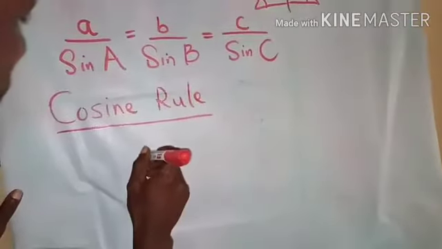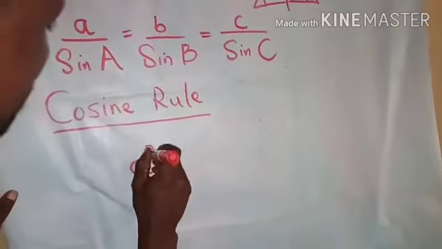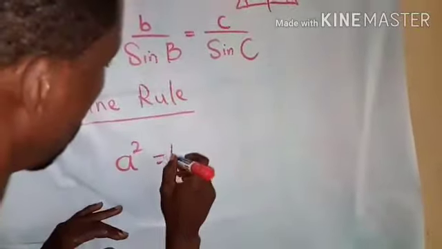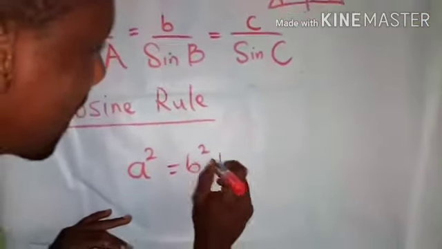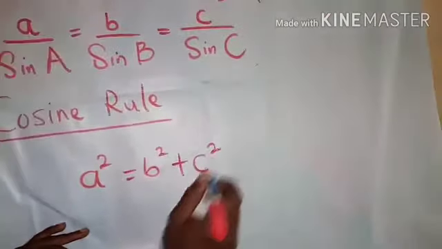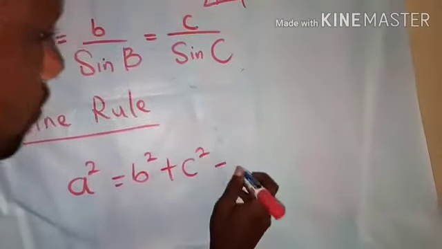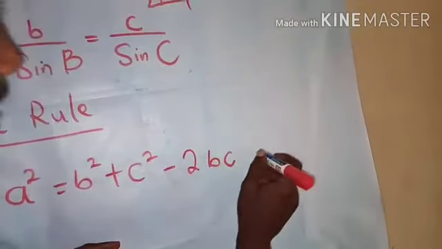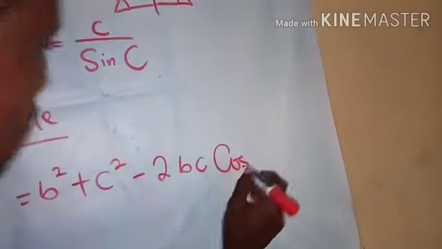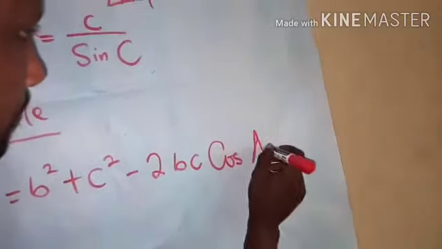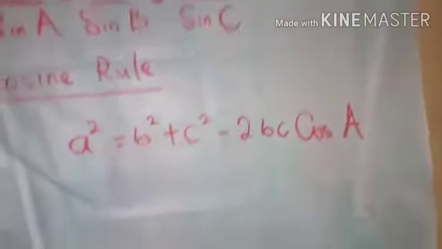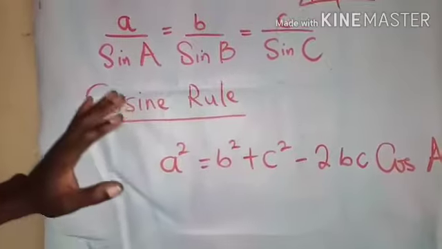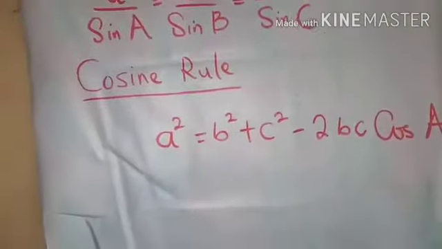Cosine rule says the square of this side equals the square of the two other sides, this plus the square of the other side, minus 2 times BC cos of capital A. This is sine rule and this is cosine rule. And these are the formulas that we can use to solve the rest of the triangle.